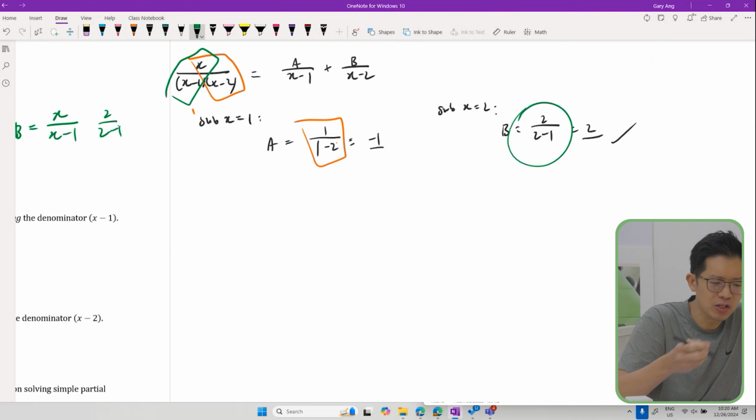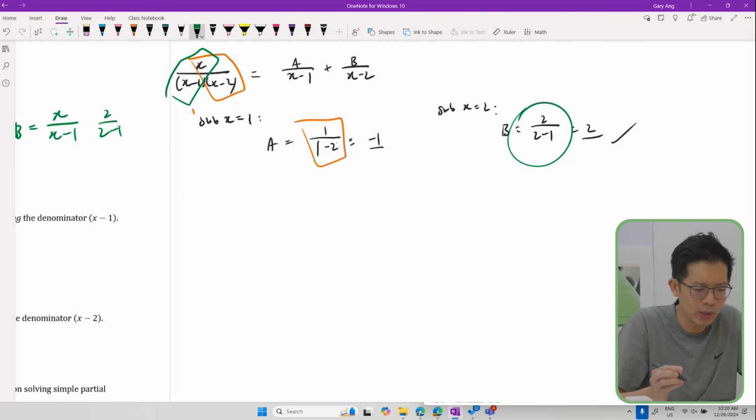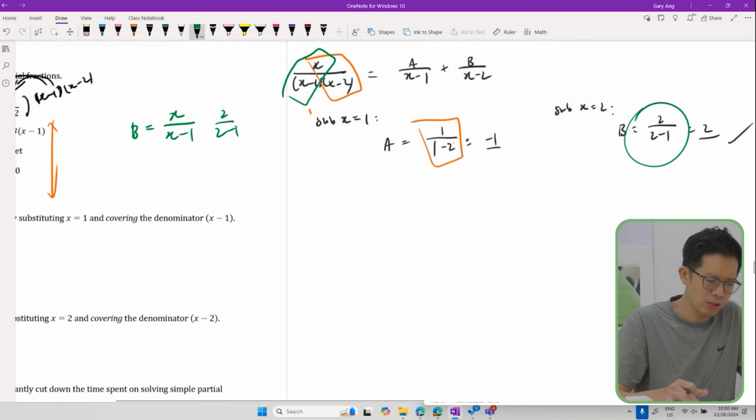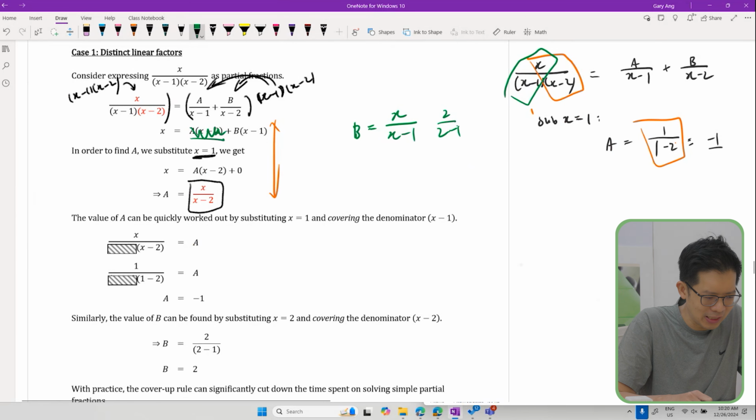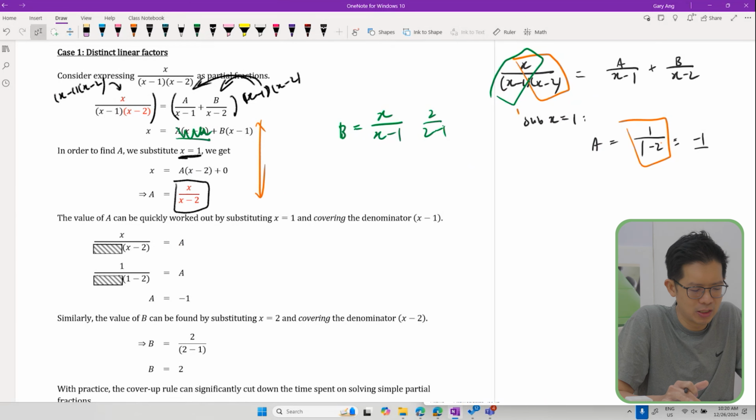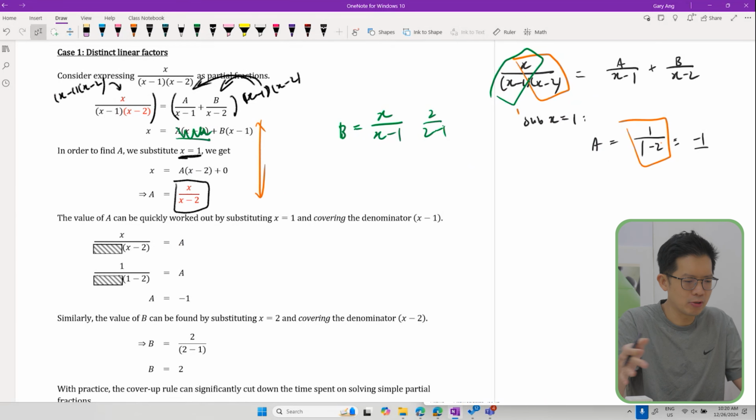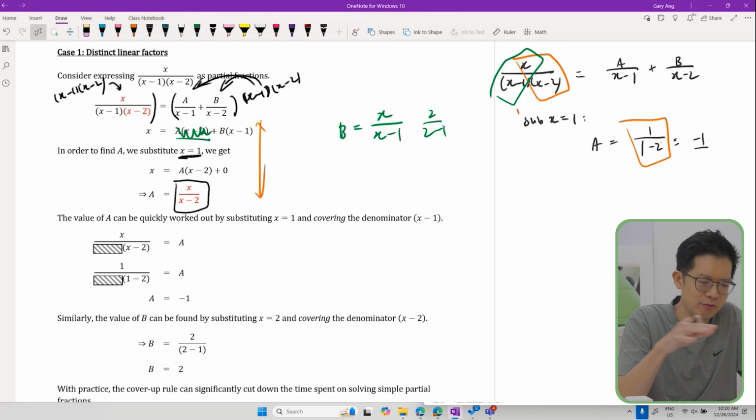That's the vision I was looking at earlier to show you the carve-out rule. All in all, it is doing roughly the same thing as the normal way, which is multiply throughout, then substitute values to find A and find B. The only difference is that it looks a bit shorter.